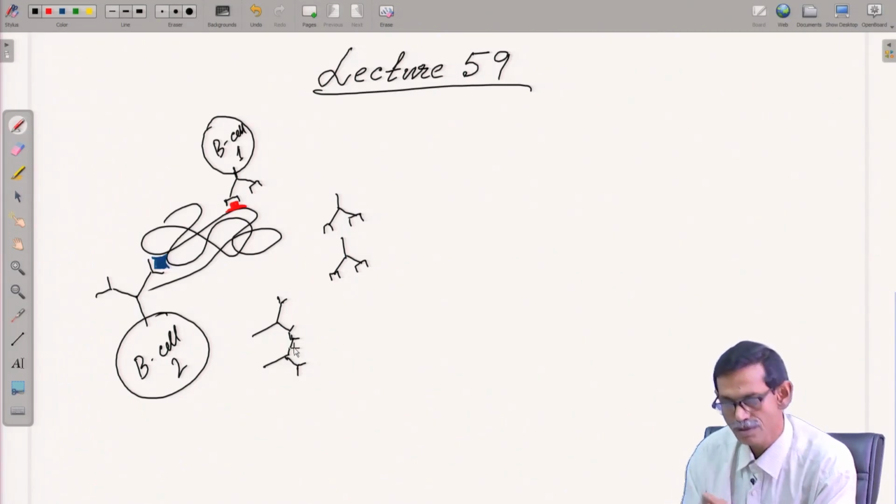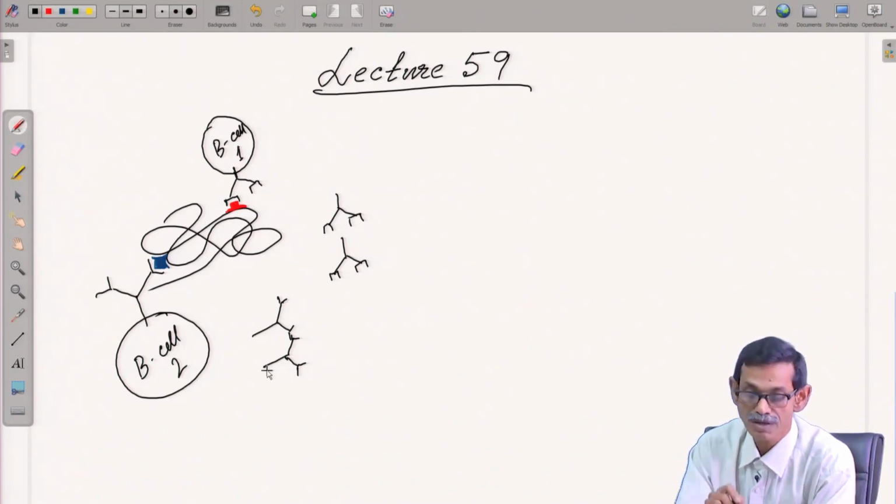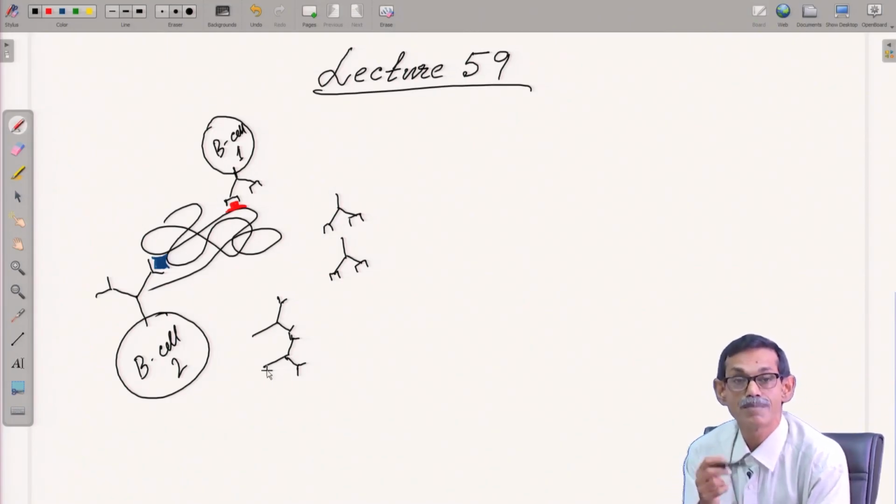So, in serum both types of antibody will be there and both are going to recognize this antigen, because in the antigen I do not know how many epitopes are there.